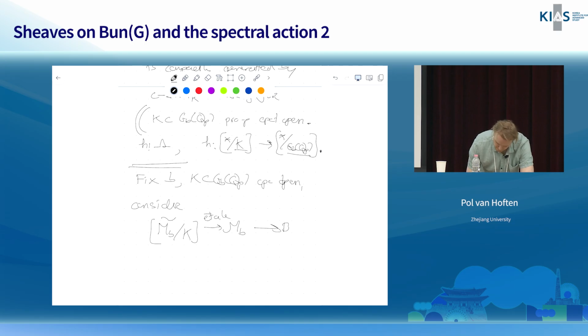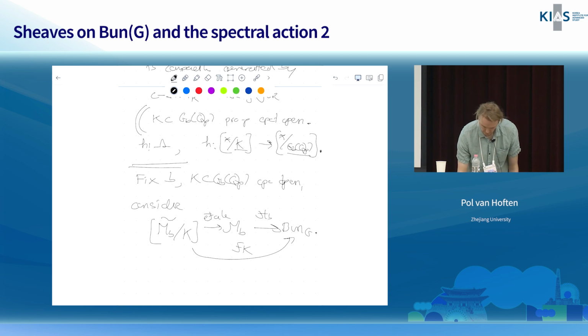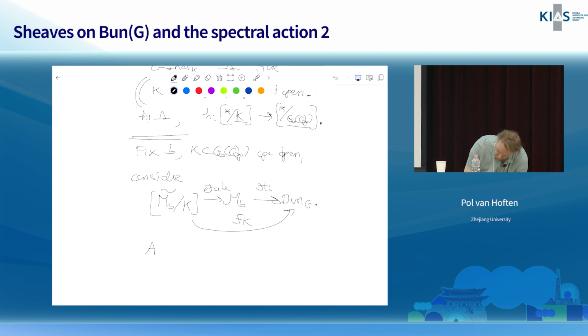And then M_b maps to Bun G via pi_b. And this composition I'm going to call f_K. And then I define A_b,K to be f_K lower shriek, f_K upper shriek of lambda.